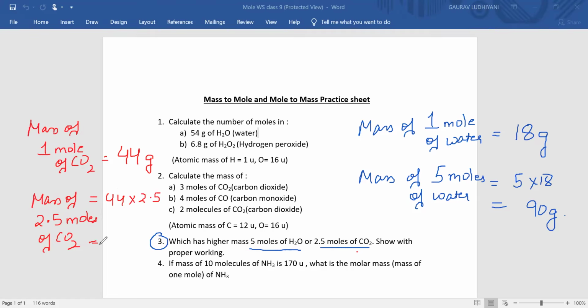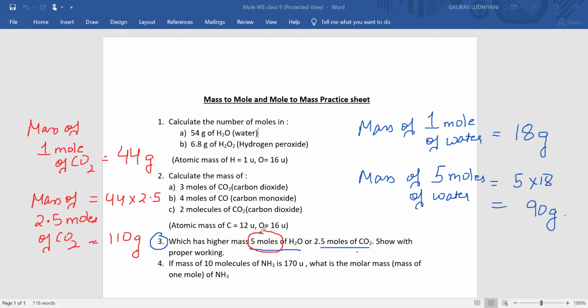Whatever that calculation comes out to be, 44 into 2.5 would be 88 plus 22, 110 grams. So now you just have to compare which has more mass. See, in terms of molecules, water was 5 moles.